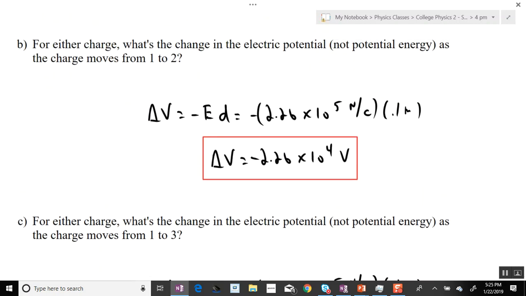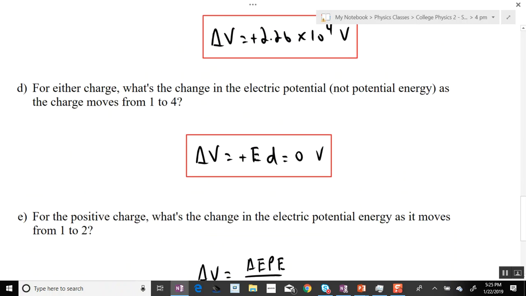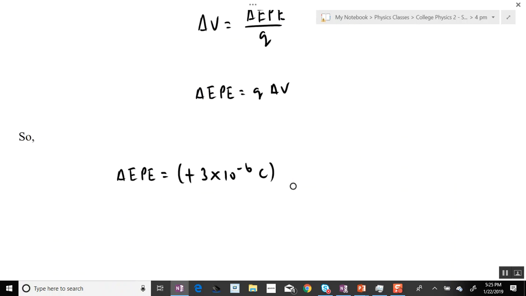So the change of V from 1 to 2, which is part B, was this number here, right? So this is negative, but the charge is positive. So what is the sign for your delta EPE in the end? Negative. Right. So you get a negative answer for your delta EPE because one's positive, one's negative, and you get negative 6.78.